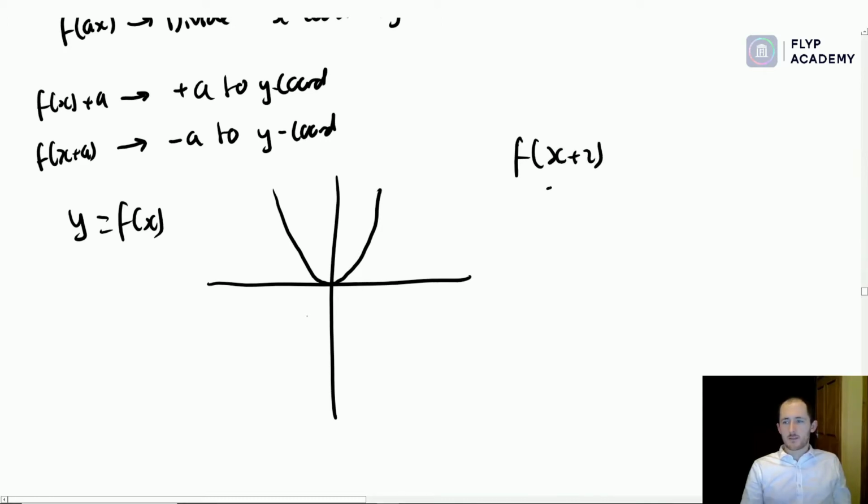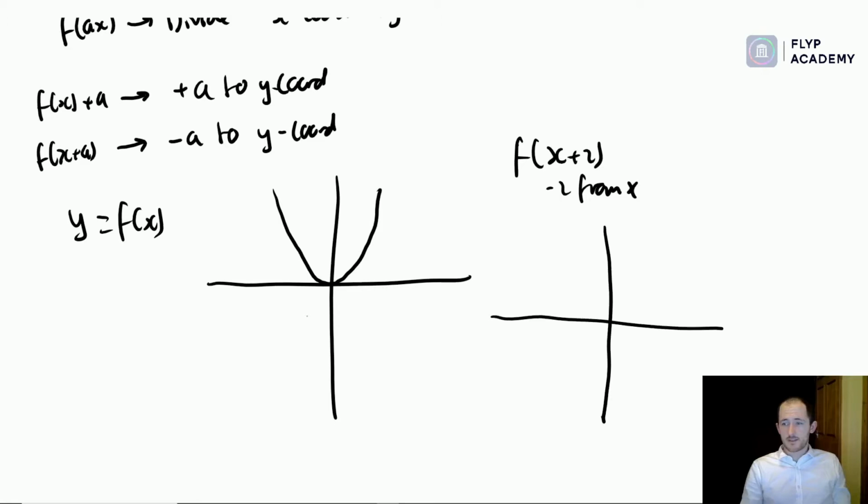Remember, this is going to subtract 2 from x. So instead of going through the origin, it's going to slide over to the left, where this is now minus 2 and 0. And that's all you really have to do.